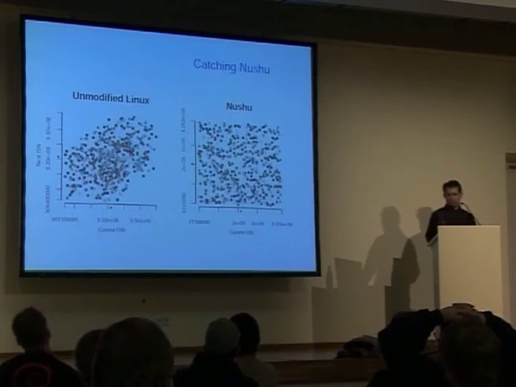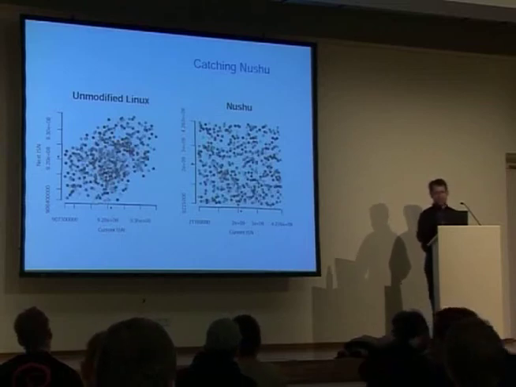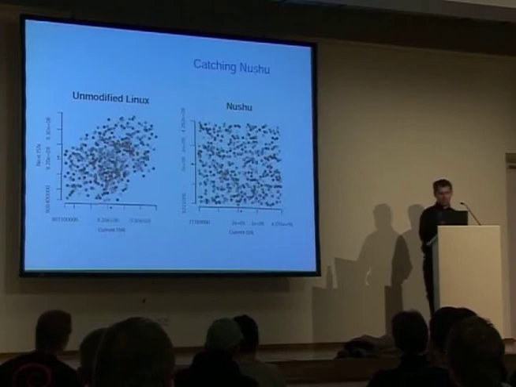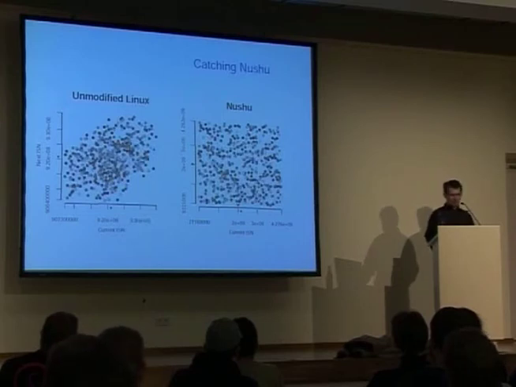So there's nothing in the top left-hand corner and the bottom right-hand corner, and those are the ones that signify changes. If you compare it to NUSHU, here it's very evenly distributed, and it uses almost the whole space. So it's probably possible to detect NUSHU just from doing this analysis, but it should be possible to do better.